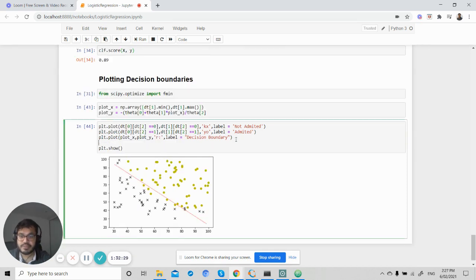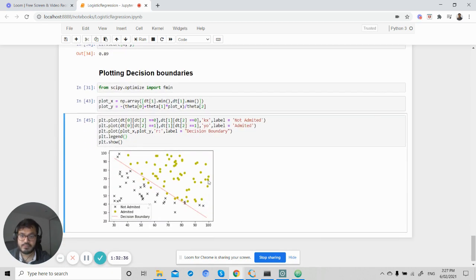Let's add the legend. So this is my boundary line. If we implement this equation, then we can get our boundary line.